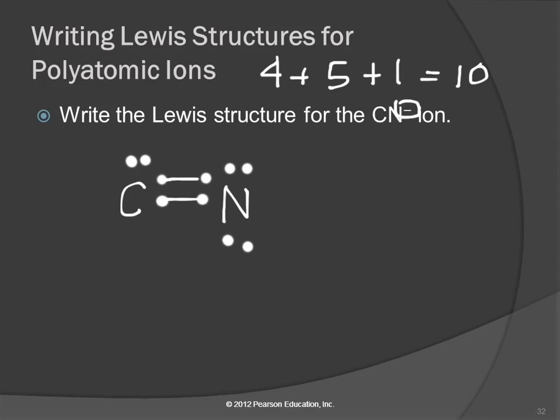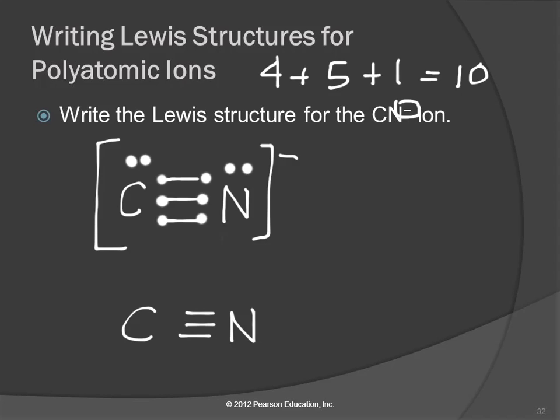We're better, but the carbon's still not happy. So I'm going to take these electrons and move those and make those a bond between. And now we're happy. Then we have to put brackets and the charge on the outside. And you might want to redraw that so it looks a little prettier. And that's the Lewis structure for the cyanide ion.